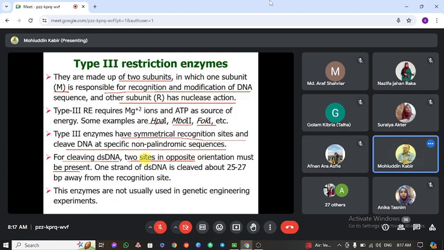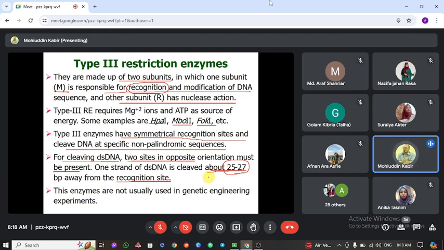Two sites, which sites? The recognition sites. Two recognition sites must be present in opposite orientation in double-stranded DNA. One strand of the double-stranded DNA is cleaved about 25 to 27 bp away from the recognition site. That's why it does not produce a distinct banding pattern.